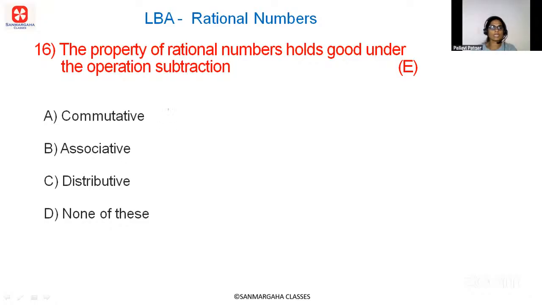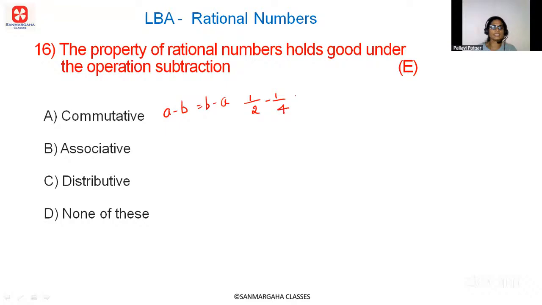So here, A minus B is equal to B minus A must be true for rational numbers. Okay, so this is false. For example, take 1 by 2 minus 1 by 4.